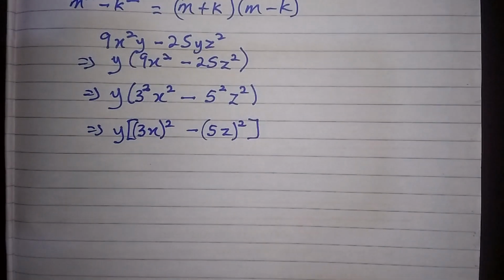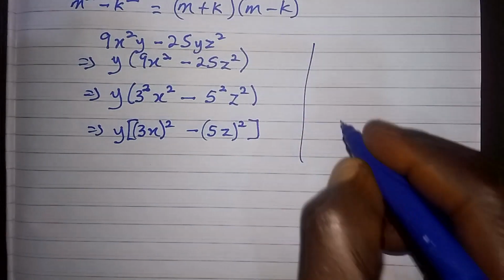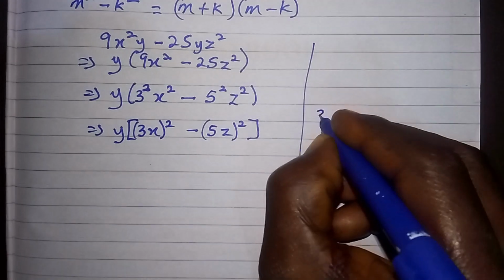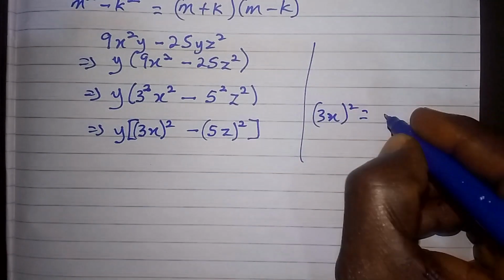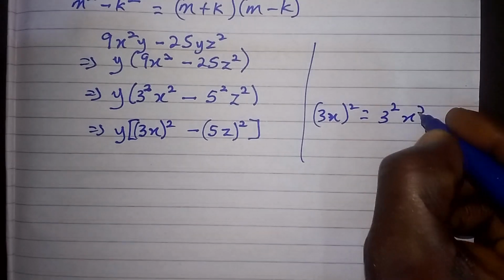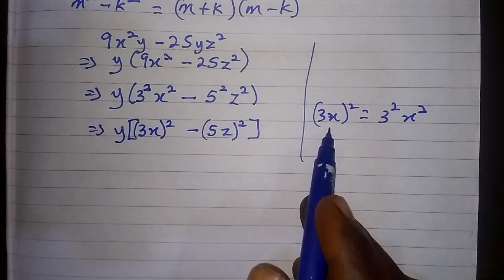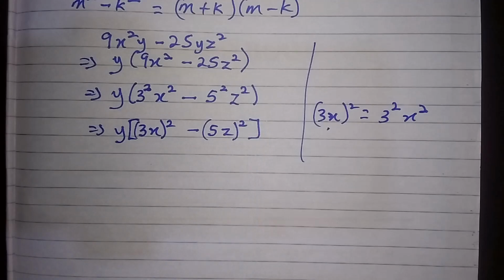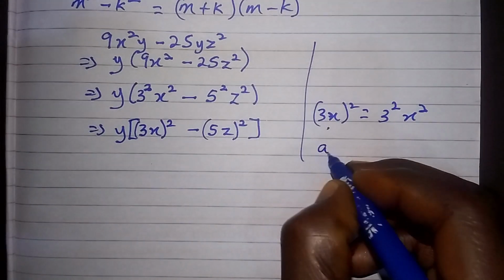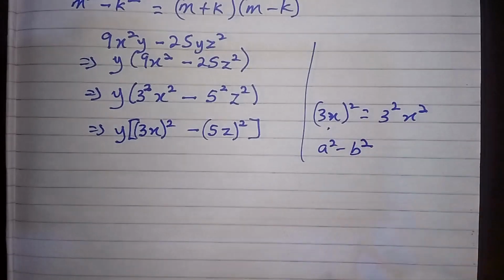This is our knowledge from indices. That is, if I have 3x all squared, the square affects everything in the bracket, the same as 3 squared x squared. So if I have this, it cannot be written as this. Now looking at this, it's just like having a squared minus b squared.